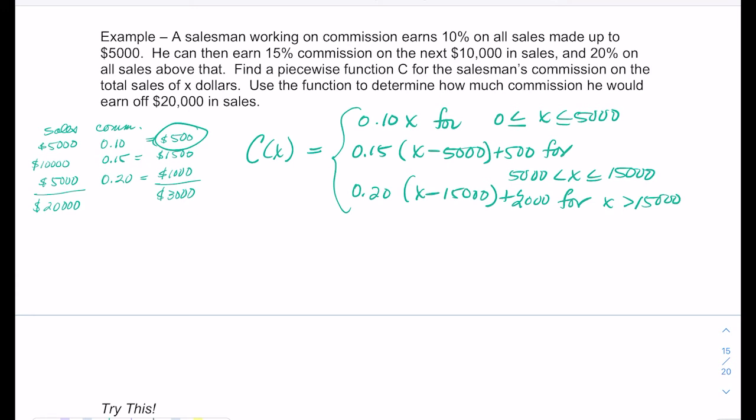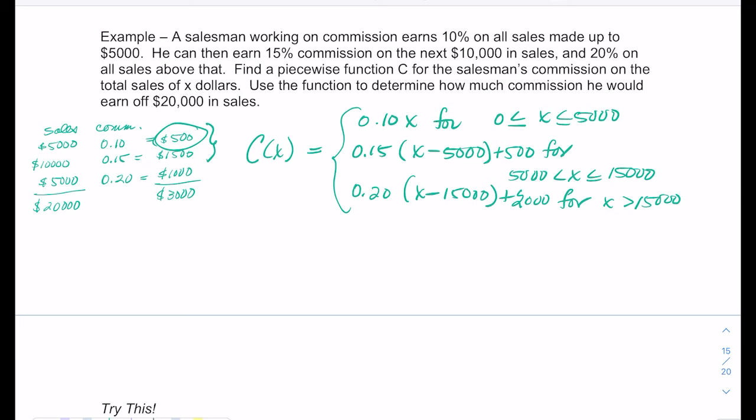Okay, and I'm getting the 2,000 from these two. 500 plus 1,500 is 2,000. So I have to add that in because he will have made $2,000 in commission, plus the 20% of what he's getting now after he made his next $10,000 in sales. So that's what my piecewise function would look like.